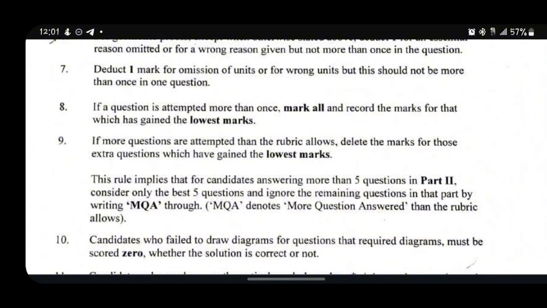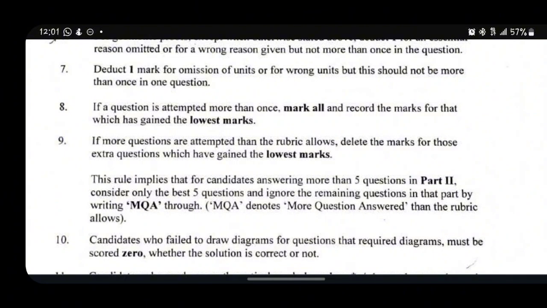The examiner will mark the 2 questions that he has solved, the 2 ways he has solved question 1, and will record that particular method which has the lowest mark.